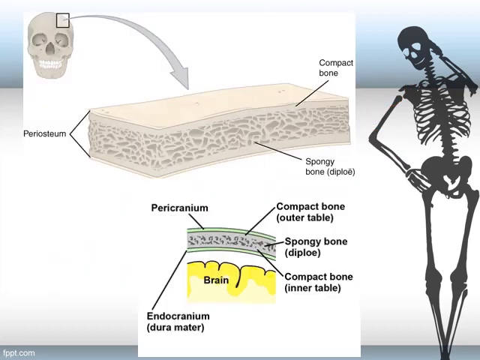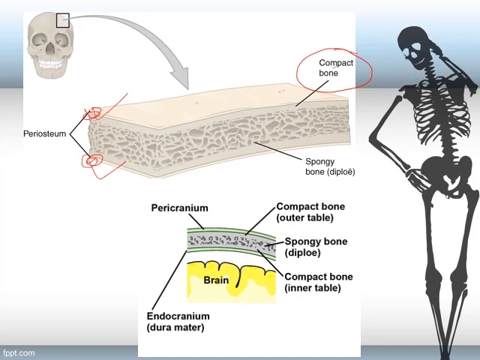So we have here a picture of what we were talking about a slide ago. So we have the periosteum here, the outer and the inner layer, or what we called tables earlier, the external and the internal tables. They are made of compact bones.